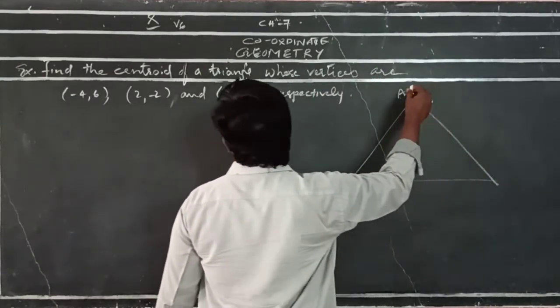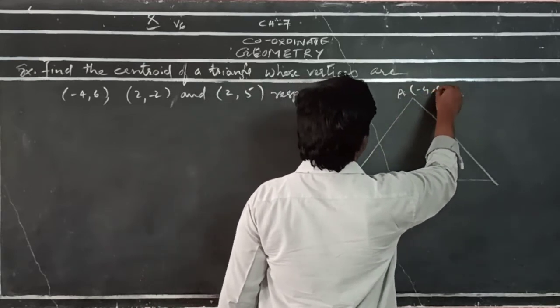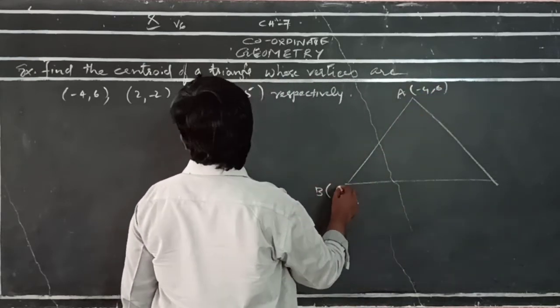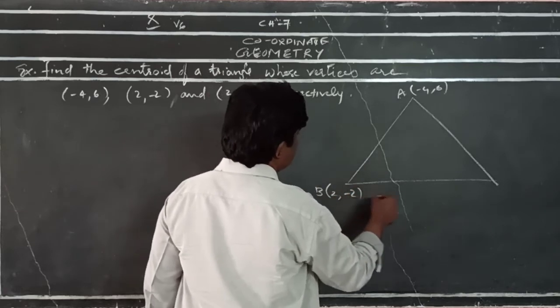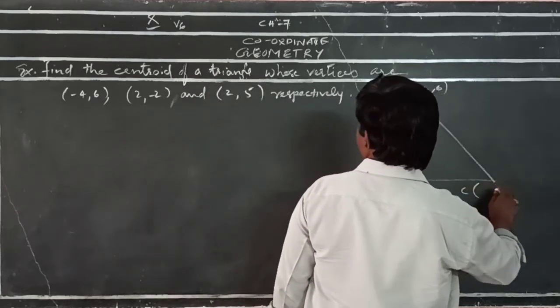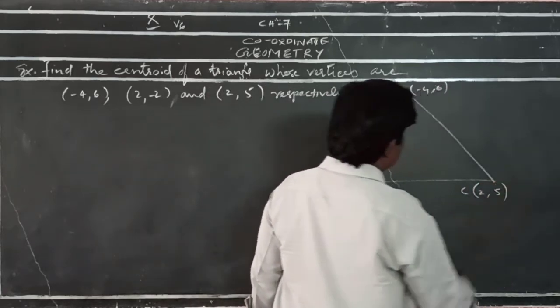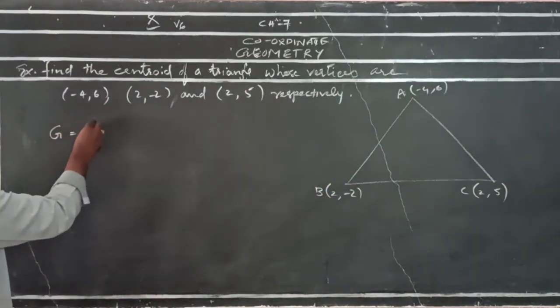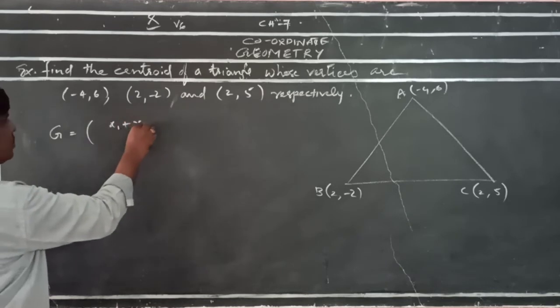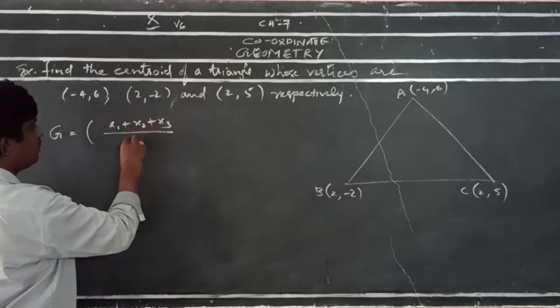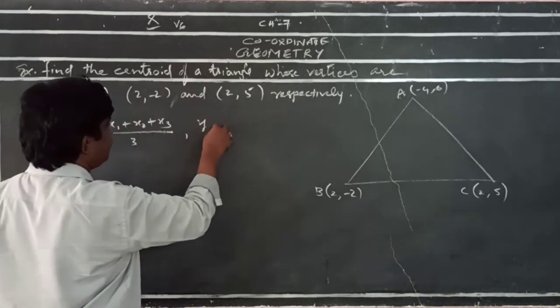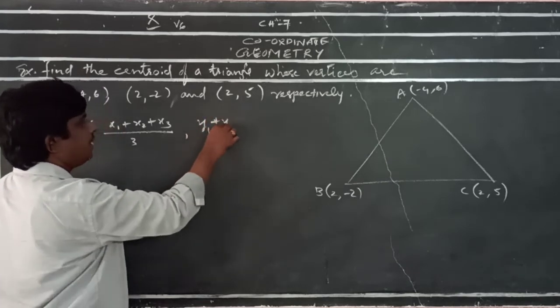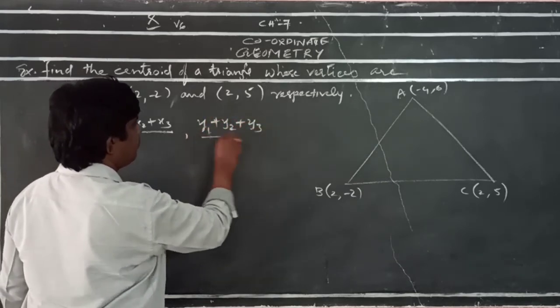Suppose A is the ordered pair (-4, 6), B is (2, -2), C is (2, 5). Clearly, the centroid G is nothing but x1 plus x2 plus x3 by 3, comma, y1 plus y2 plus y3 by 3.